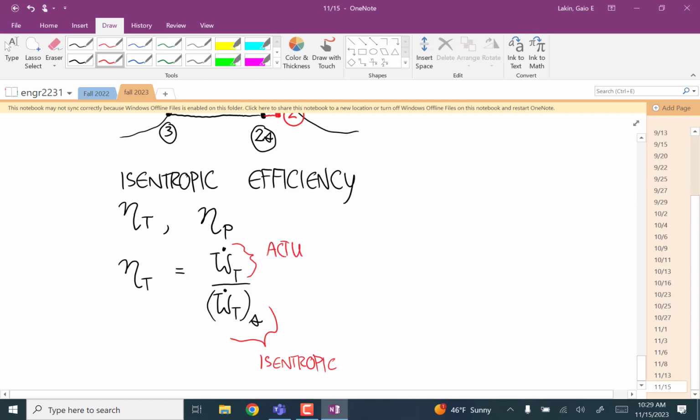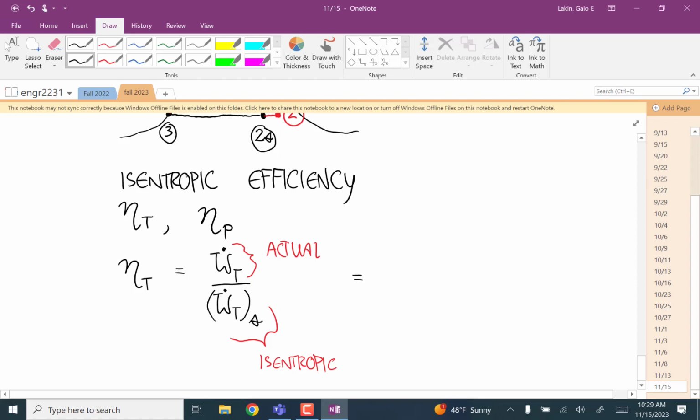So it's like the actual over the isentropic. You can imagine that the work done in an ideal turbine is going to be higher for the same properties of this cycle. The work done for an isentropic, an ideal one, is going to be better than the actual one. And so you would expect this ratio to be less than 1. And you want it to be as close to 1 as possible, right?